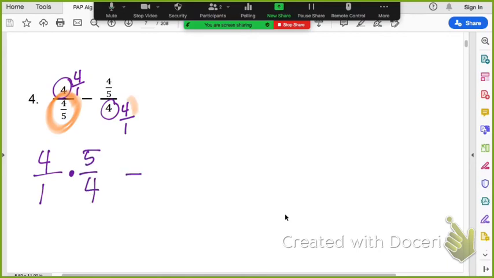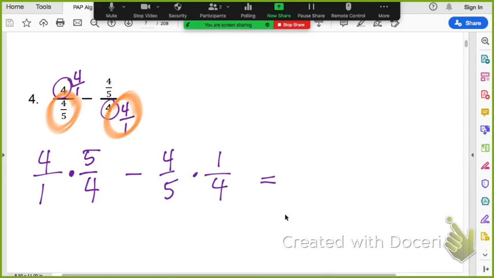And I'm going to do the same thing with my second one. Whoops. And so what would that get multiplied by? 1 over 4. Now when you're multiplying fractions, that's different than adding or subtracting them. Because what do you do when you multiply fractions?